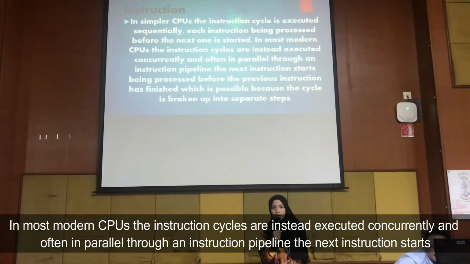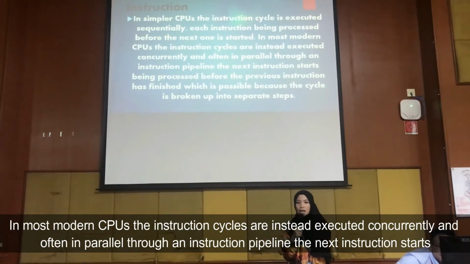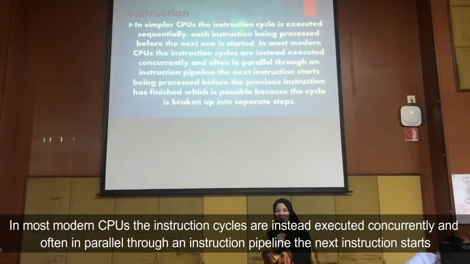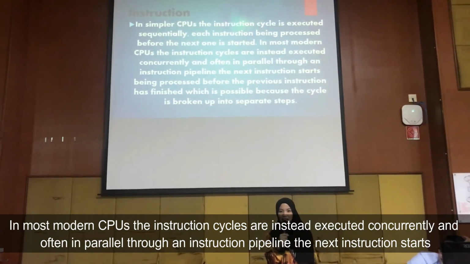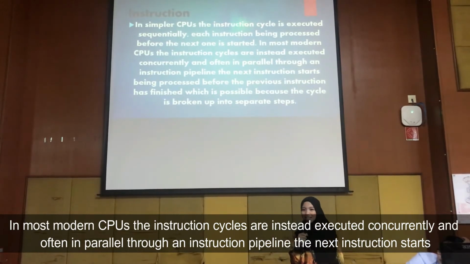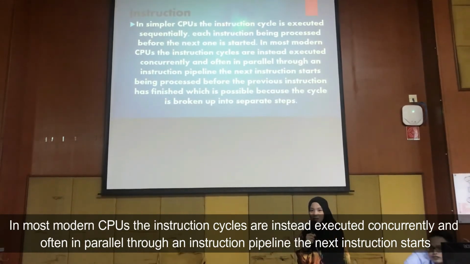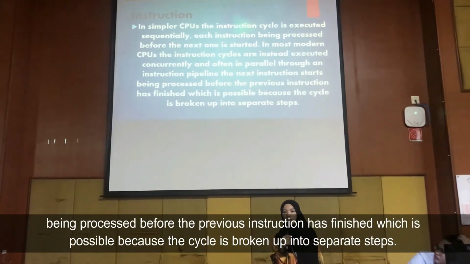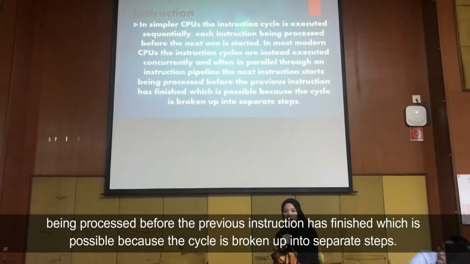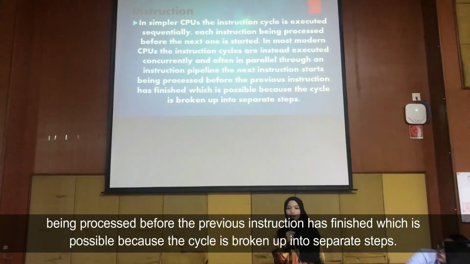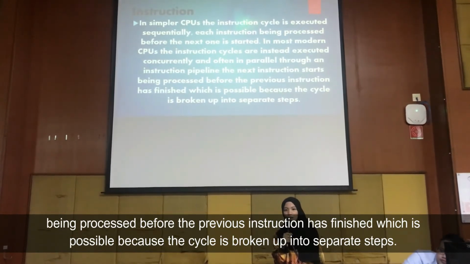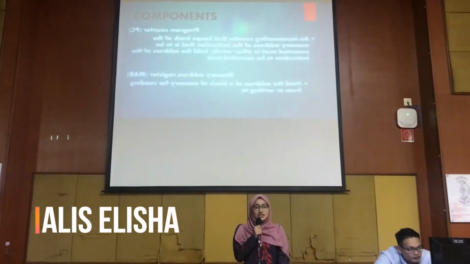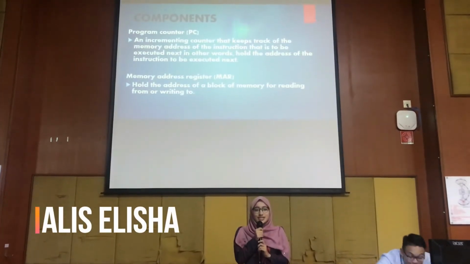In most modern CPUs, the instruction cycles are instead executed concurrently and often in parallel through an instruction pipeline. The next instruction starts being processed before the previous instruction has finished, which is possible because the cycle is broken up into separate steps. After instruction, we talk about components.